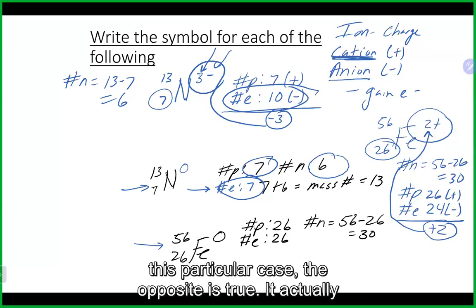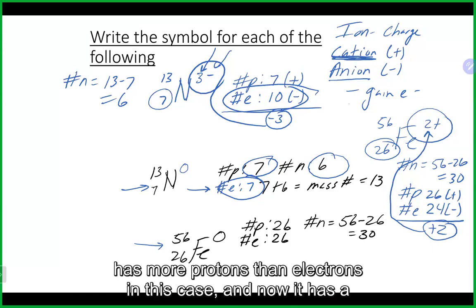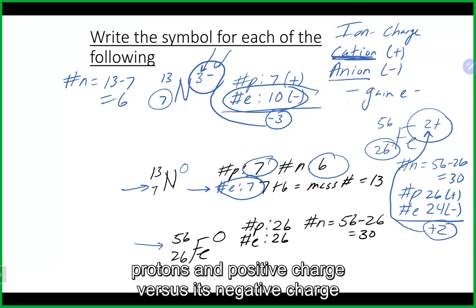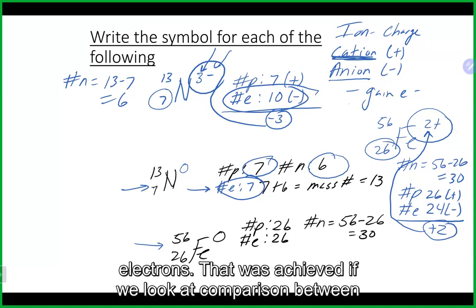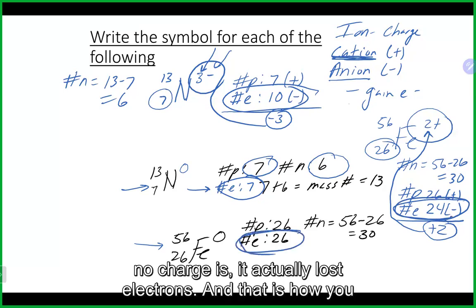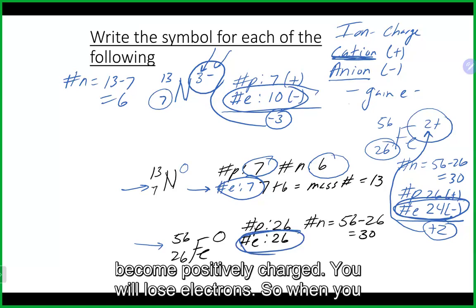In this particular case, the opposite is true. It actually has more protons than electrons, and now it has a positive charge, because it has an abundance of positively charged protons versus its negatively charged electrons. That was achieved, if we compare the electrons in iron with a charge and iron with no charge, by it actually losing electrons, and that is how you become positively charged.